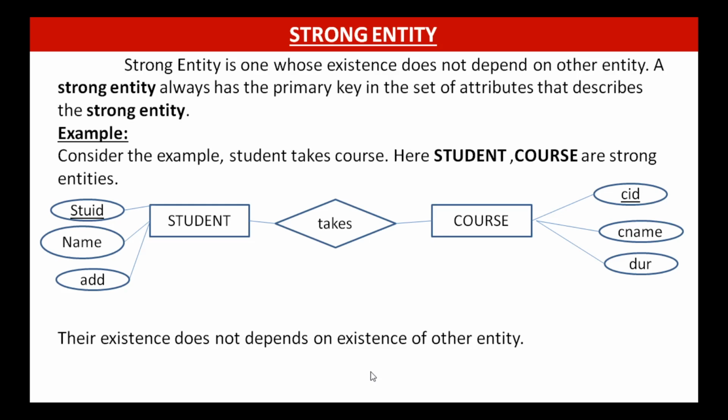In the student table, we have a student ID, which we use to identify all the students. In the course entity, it contains a primary key CID, that means course identification number, which is used to identify each and every course uniquely. Simply, a strong entity is one whose existence does not depend on the existence of another entity. This is called a strong entity.